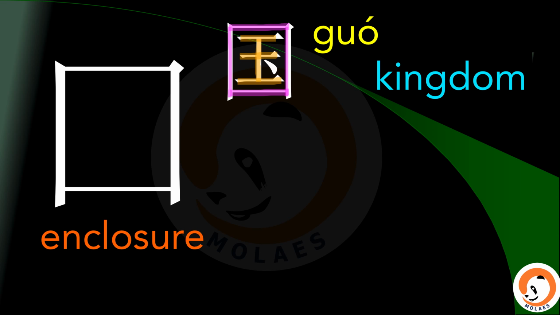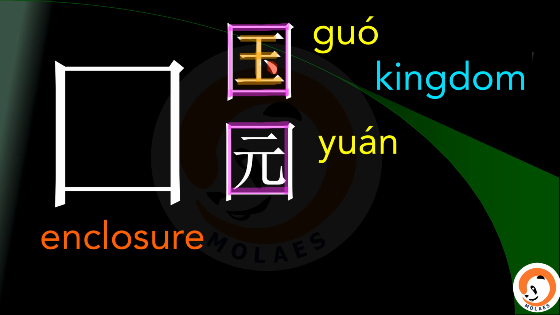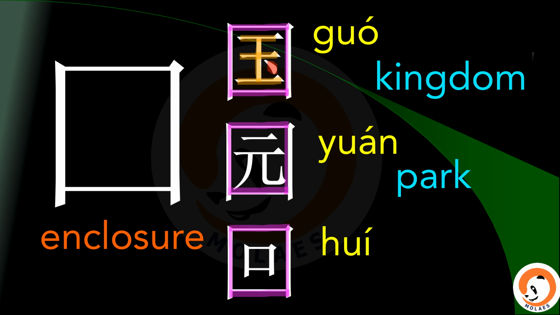This character is Wang, means king, and with this dot, this character is jade, Yu. 园, Yuan, an enclosure outside, and Yuan inside, is park. 回, enclosure outside and the mouth inside, it means return. 回家, return home. 国 kingdom, 园 park, 回 return.